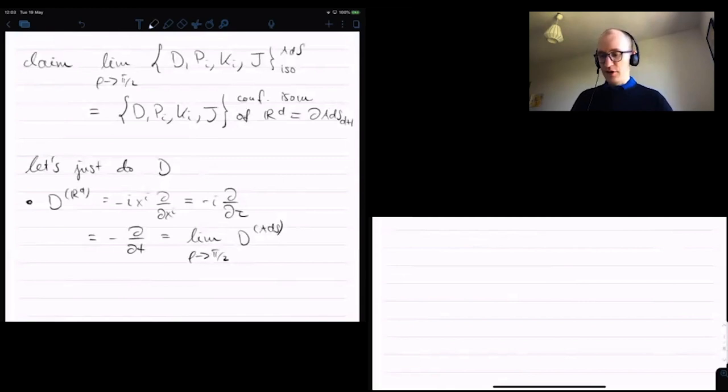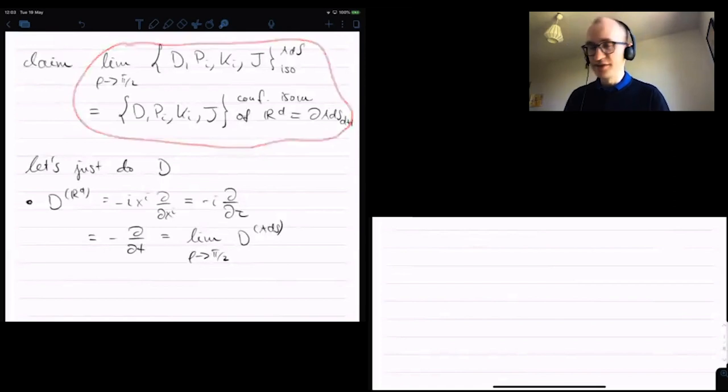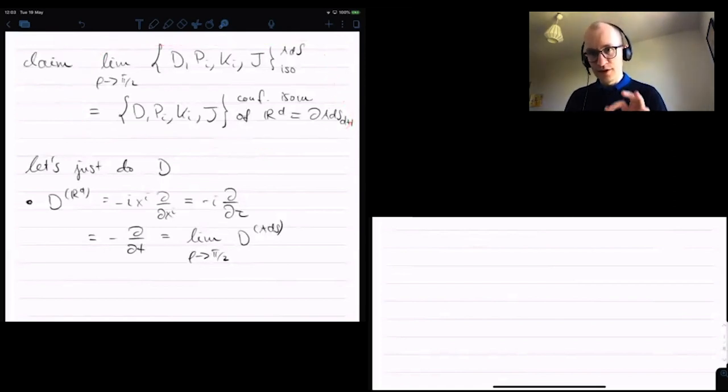But the point is that my claim is that basically for all these generators, the boundary limits precisely give you the conformal isometries of the conformal boundary metric, the representation of the conformal class of the boundary that gives you the metric on R^D or R^(d-1,1).